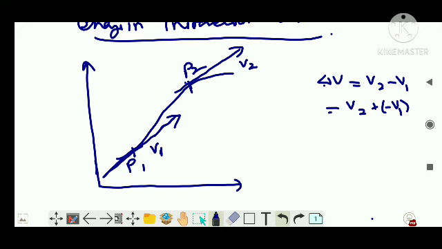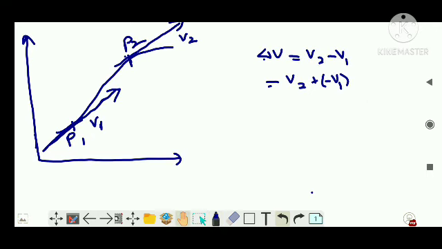I just require the direction, guys. So change in velocity is final velocity minus initial velocity. I first thought I could explain it with the graph itself, but I don't think I can, because it will be very complicated. So this is much simpler with the method you have already learned.